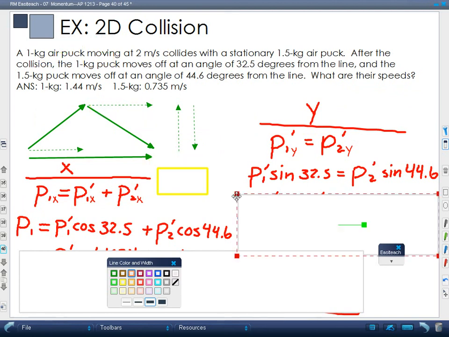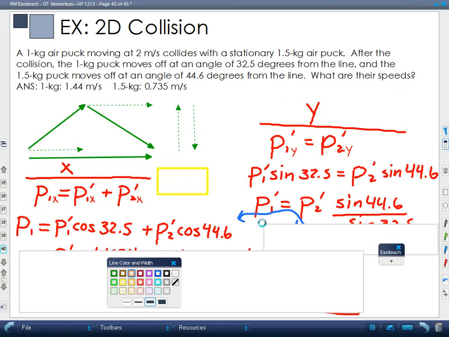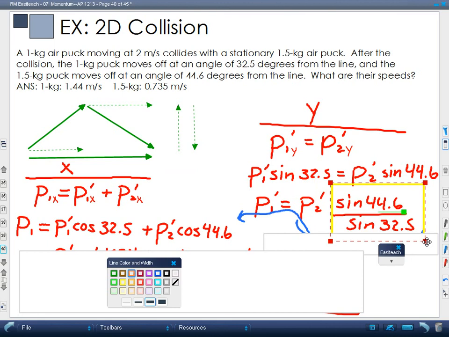Now I can rearrange this equation so that I'm writing P1 prime in terms of P2 prime, and it's this quantity. Be careful with your signs here. This expression, just mathematically make sure you're doing the sign of each before you do that quotient.